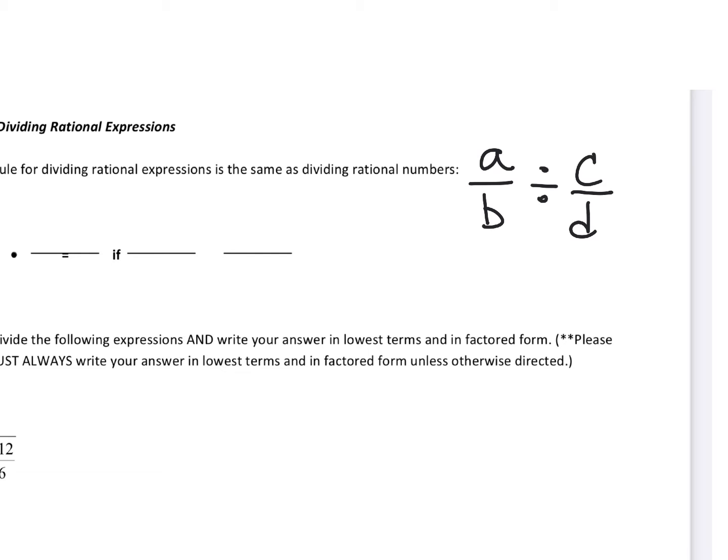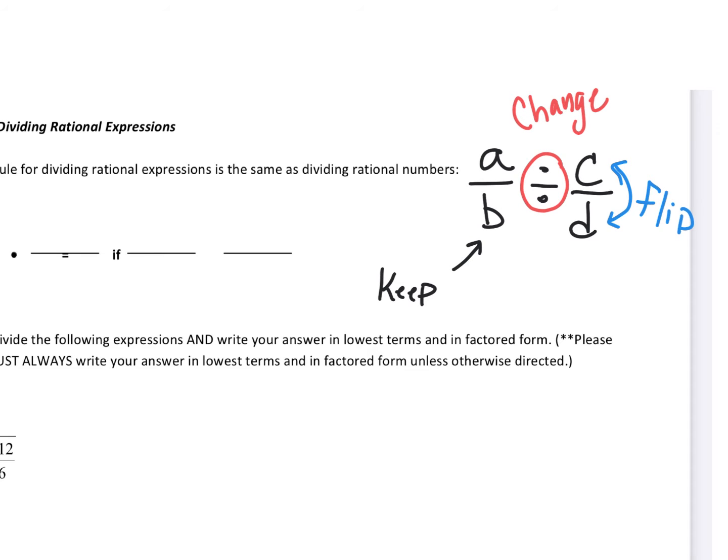The idea is we use this keep, change, flip mnemonic device where you keep the first fraction, you change the division to multiplication, and you flip the value of your second fraction, also called the divisor. So that's that keep, change, flip method that we're going to exercise today.